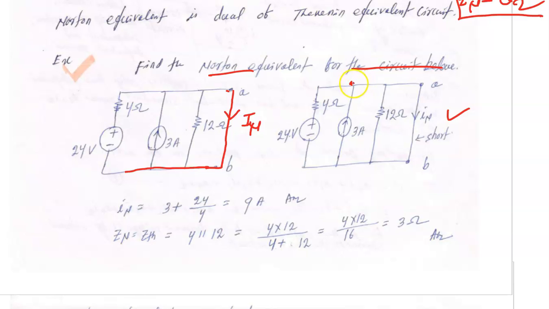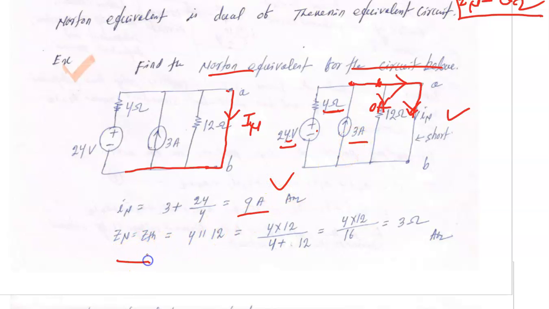Once I make the short between A and B, the potential here is the same as the potential here. So the current in this 12 ohm resistor is 0 ampere. As no current is going there, this 4 ohm now appears across the 24 volt source. So the total current IN will be this 3 ampere plus 24 upon 4, that is 6 ampere. So in total you get 9 ampere.